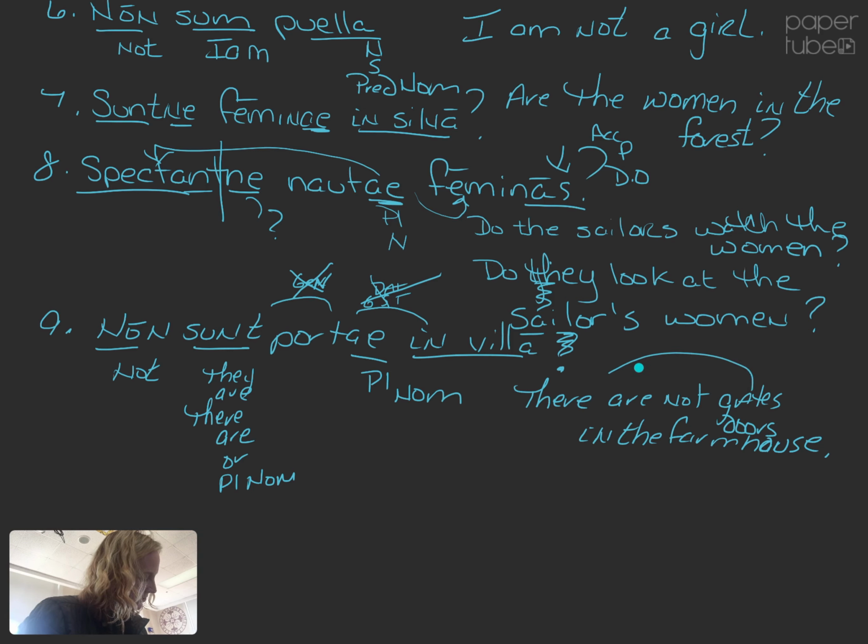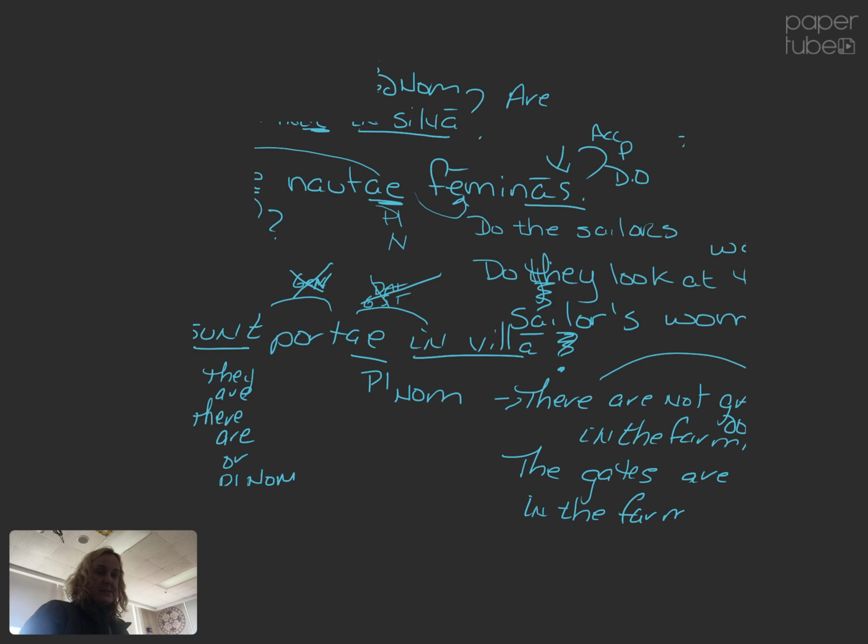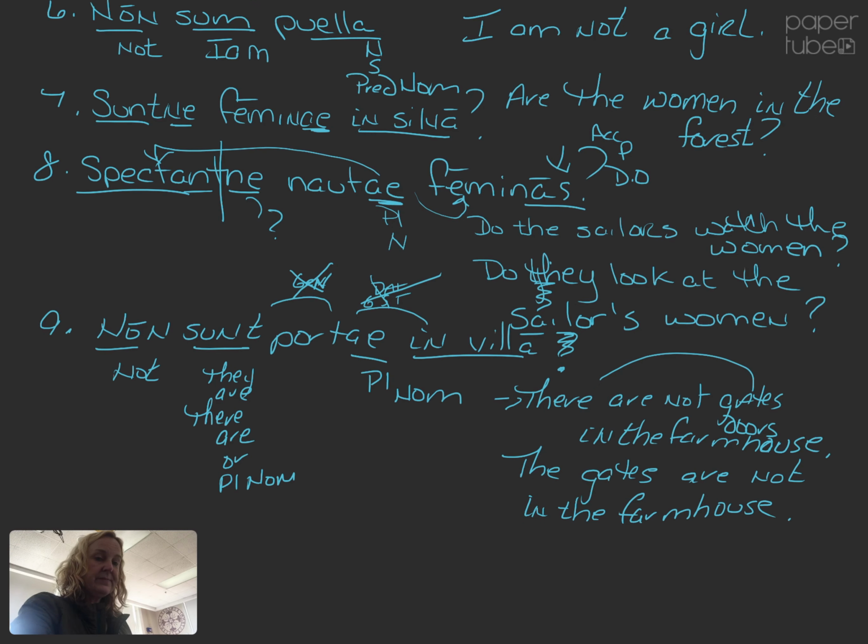I could also use gates or doors as the subject. So the gates are not in the farmhouse. I think probably there are is a better option for that one.